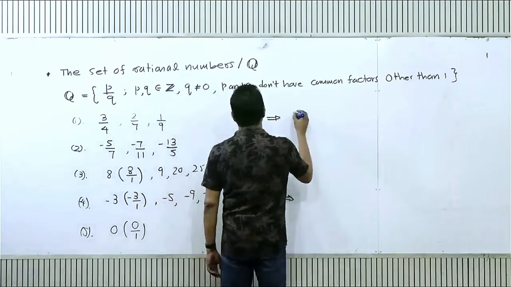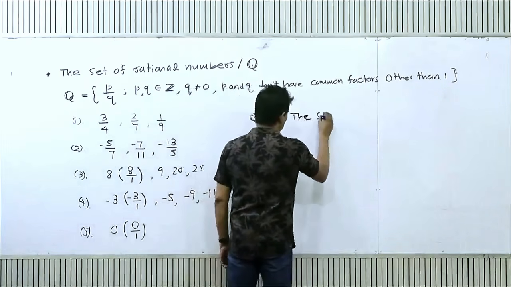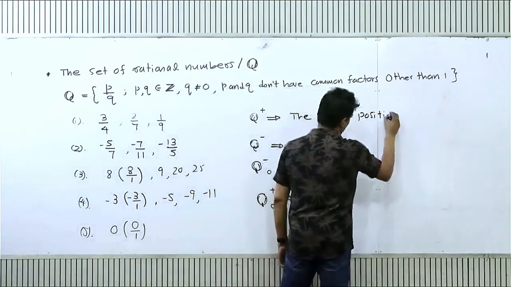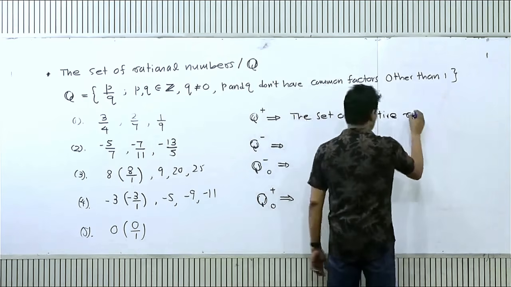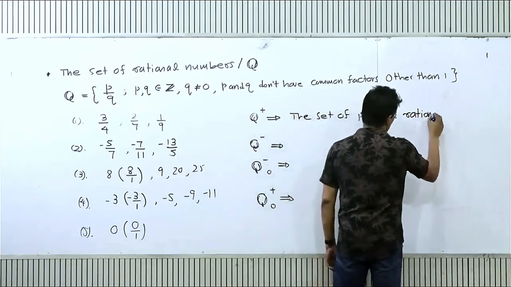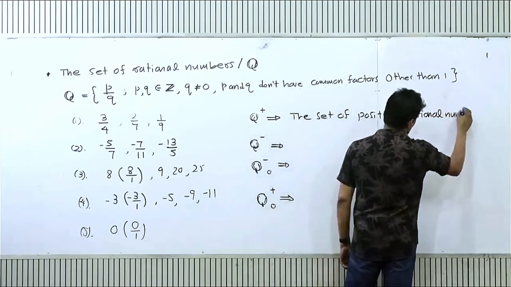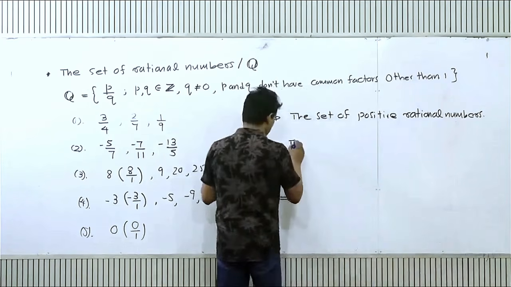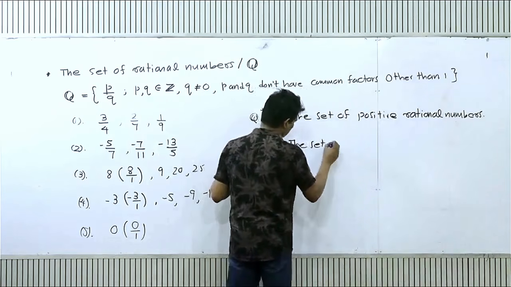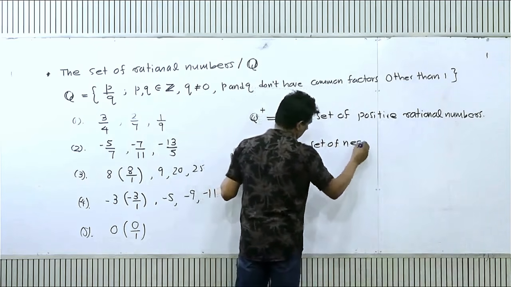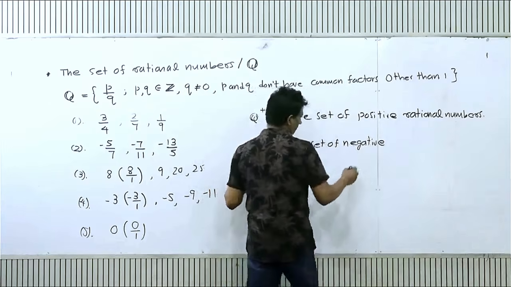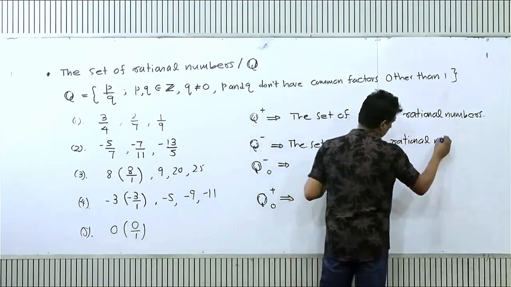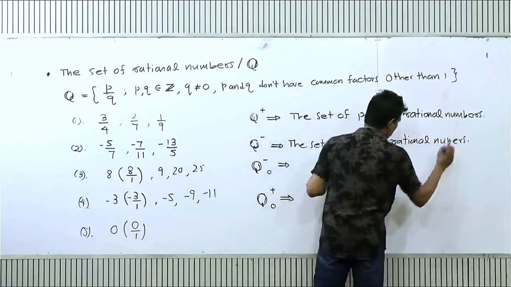The set of positive rational numbers. This one, the set of negative rational numbers.